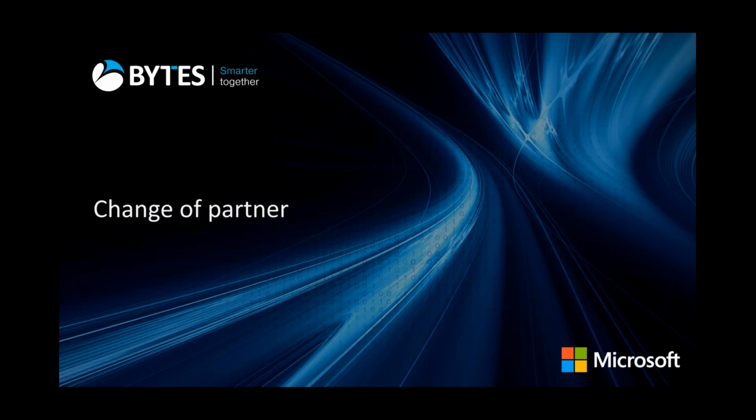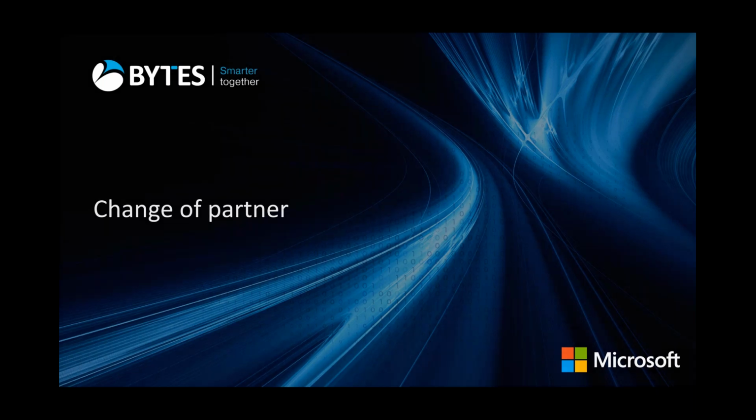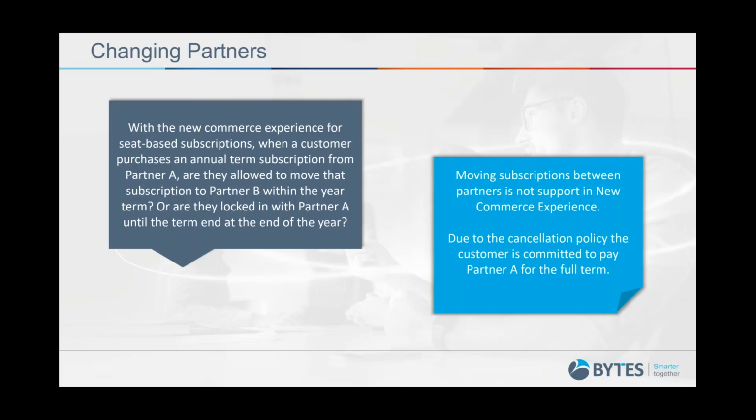So if we move on to change of channel partner. Now, if you think about the cancellation policy, it does lock in a customer to you as a partner for whatever duration offer they've bought. So if we think about a monthly offer, at the end of a month, a customer could move from partner A to partner B. However, if they've bought an annual offer, they are committed to you as the partner to pay you either upfront for 12 months, or if you've offered monthly billing, they've committed to monthly billing for a minimum of 12 months.